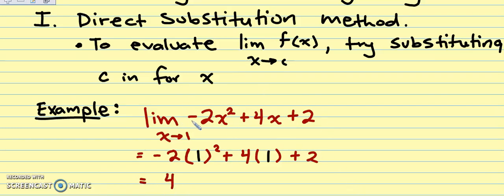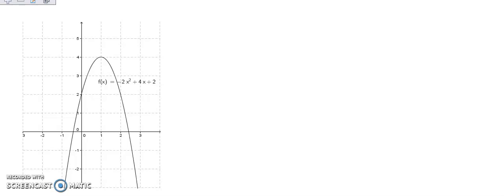Now, if you look at the graph of negative 2x squared plus 4x plus 2, it'll make sense why the limit as x approaches 1 of this function is 4. So remember, this is just a parabola. This is the graph for negative 2x squared plus 4x plus 2. Here we have x equals 1.